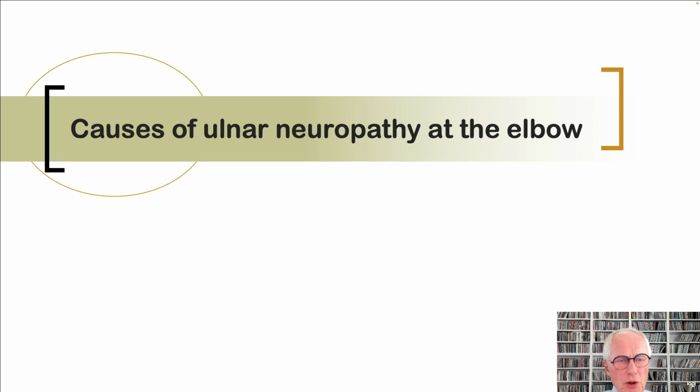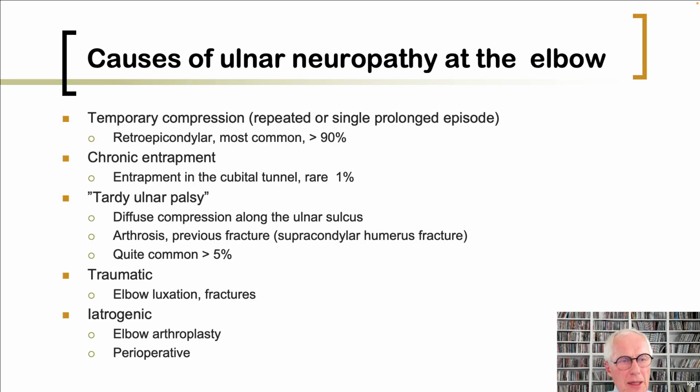If we look at the causes of ulnar neuropathy at the elbow, often in studies about ulnar neuropathies at the elbow, they are all lumped together, which is not the right way to go about it. The way I see ulnar neuropathies at the elbow is you have to try to differentiate different causes.